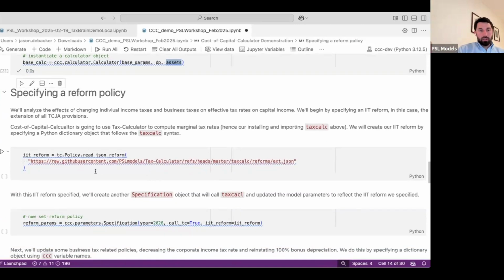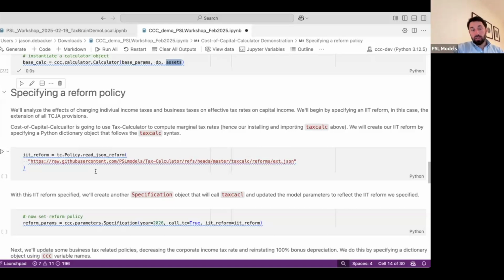All right, and then we want to specify a reform policy. So we can do that in a number of ways. Cost of capital calculator, again, interacts with the tax calculator model. So we can change individual income tax parameters, like individual rates for pass-through income, say, or for capital gains, all of which are going to affect these marginal effective total tax rates we'll get out of our model.